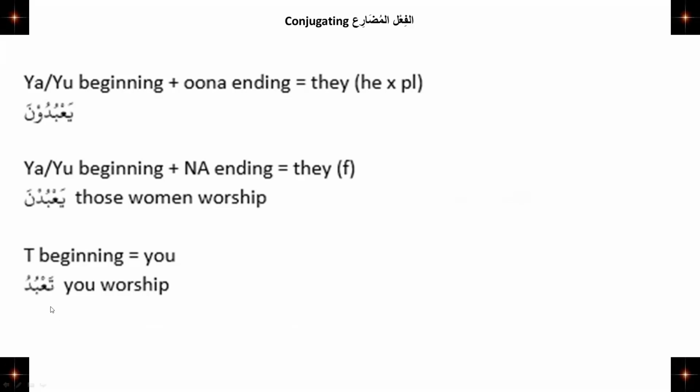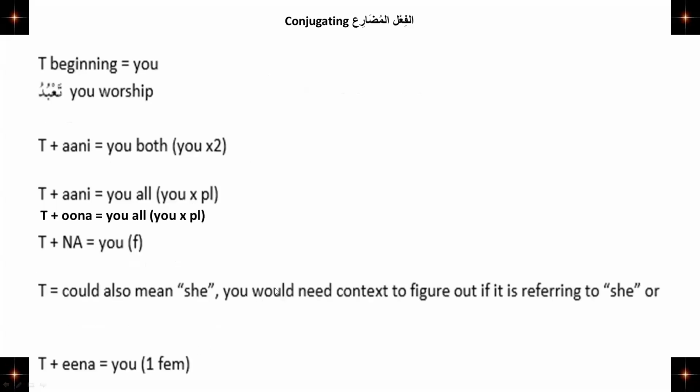And then here in Arabic, you have ta'budu and ta'budani and ta'buduna and ta'budina and ta'budani and ta'budna. So it's all ta, ta, ta, ta, ta in the second person. Ta at the beginning is you, ta'budu, so you worship. Ta and ani, ta'budani, for both of you. Ta and una, ta'buduna, all of you.